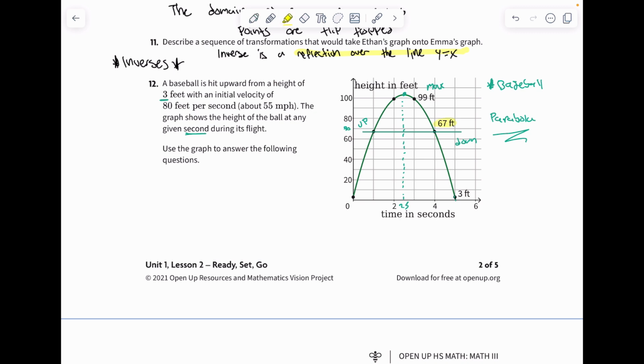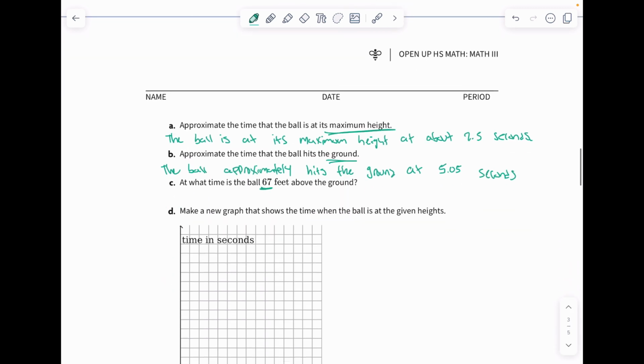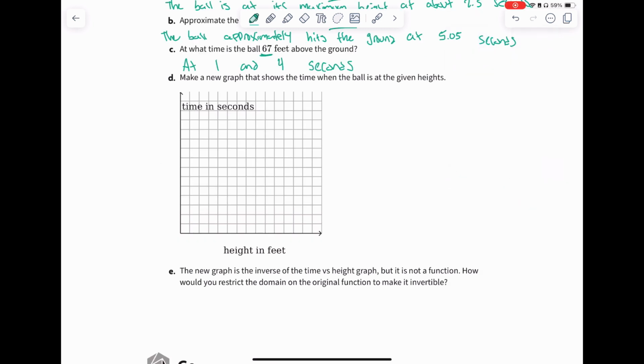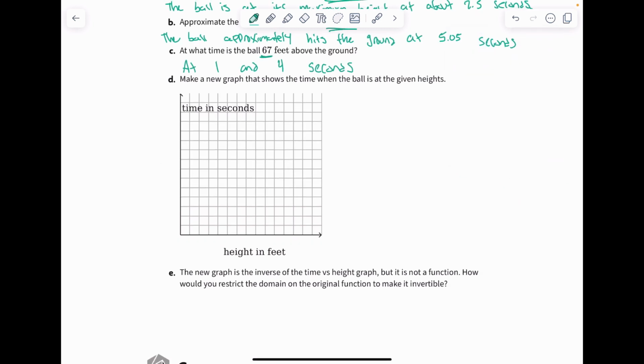So 67 is here. So there's one there and one there. So let's say that this is going to be at 1 second and then again at 4 seconds, right? So I would say that the ball is at 1 and 4 seconds.